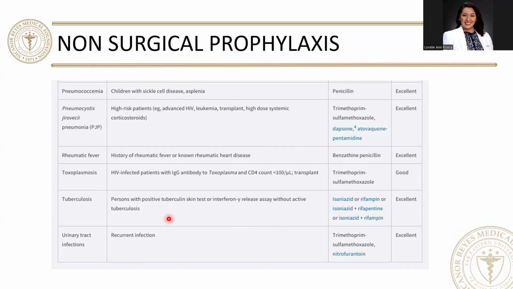And for patients with urinary tract infection, especially recurrent, as I mentioned earlier, the use of nitrofurantoin, primarily in our country, rather than TMP-SMX for recurrent urinary infection because TMP-SMX already has high resistance. So I think this is my last slide.